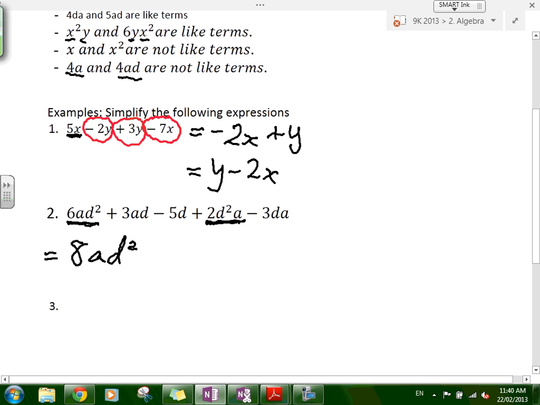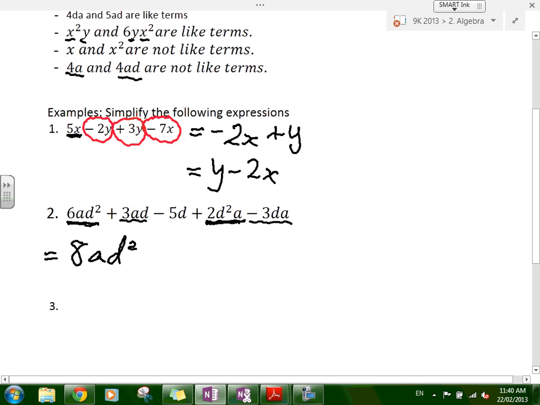Now, which is a like term with 3ad? 3da. Well, you don't get rid of the power, because that's just what the term is. So this 3ad is a like term with minus 3da. Aaron, if we have 3ad minus 3da, what is that?